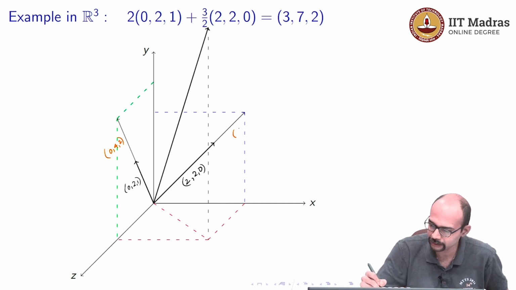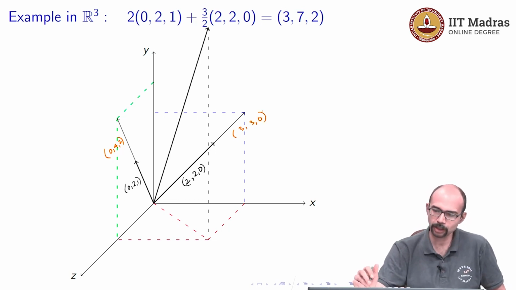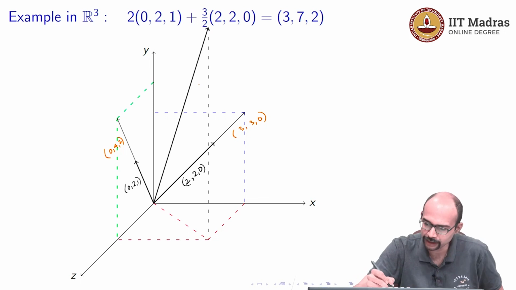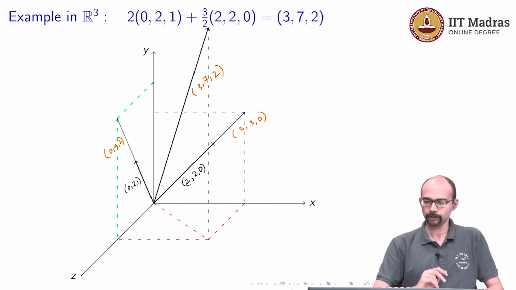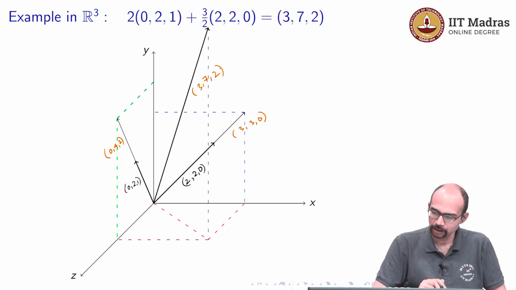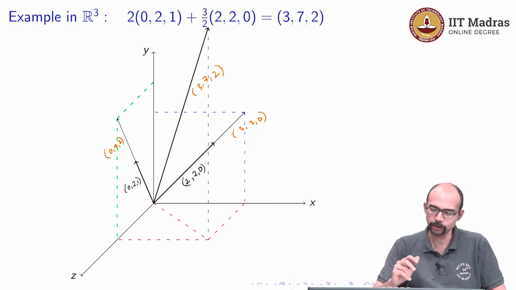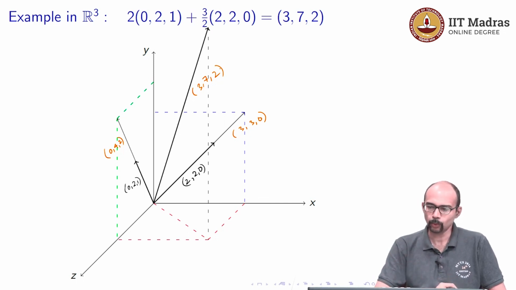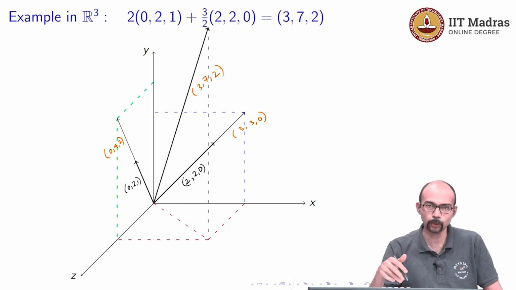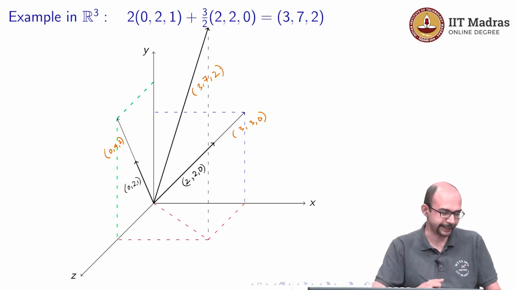Here we get the vector 3 comma 3 comma 0, and you use the parallelogram and you add them, and what you get is 3 comma 7 comma 2. So you can check this by projecting down to the xz plane, and by projecting to the y-axis and so on. Yeah, that's what these other dashed lines are indicating.